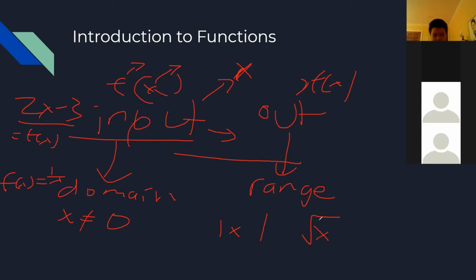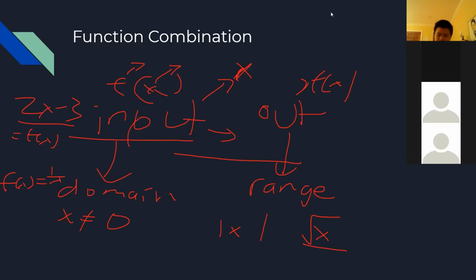So the square root, non-negative. So it's anything that can be generated by the function.